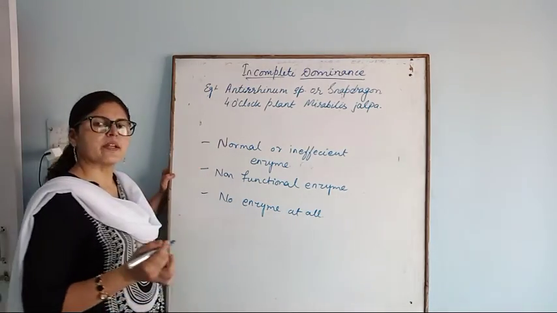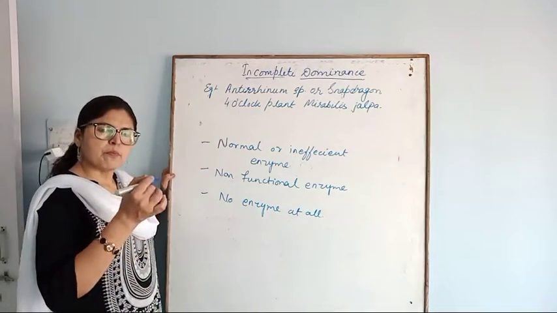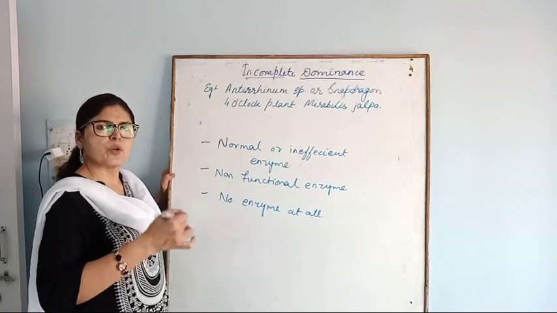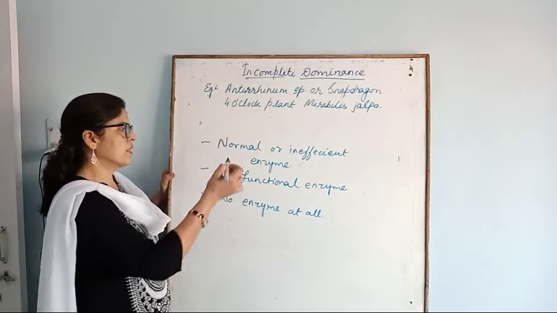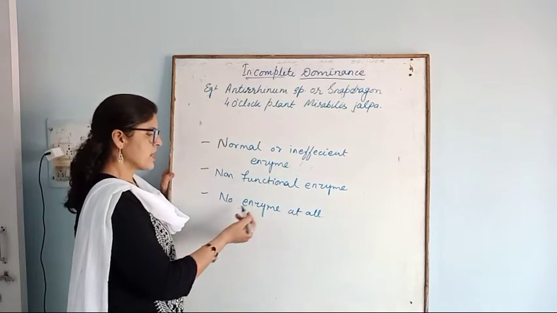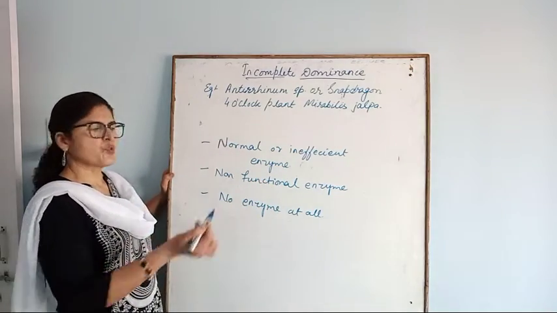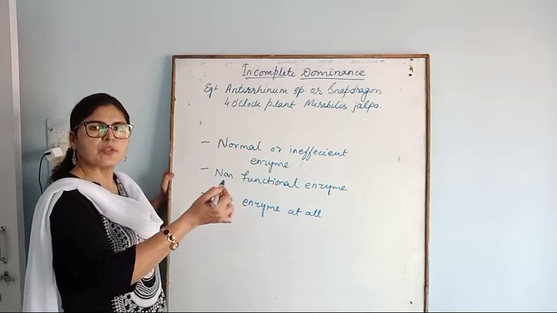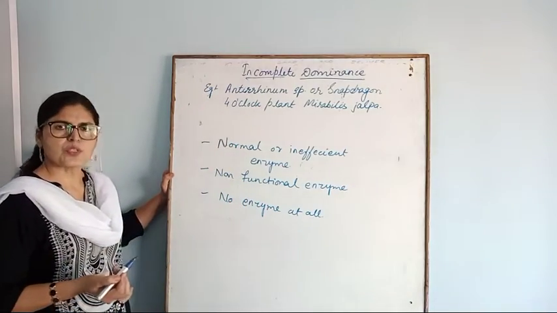That means, to show the red color phenotypically, a normal or sufficient enzyme is needed; with insufficient enzymes, non-functional enzyme or no enzyme at all, the red color is not fully shown. That is why we are getting the genotypic and phenotypic ratio the same.